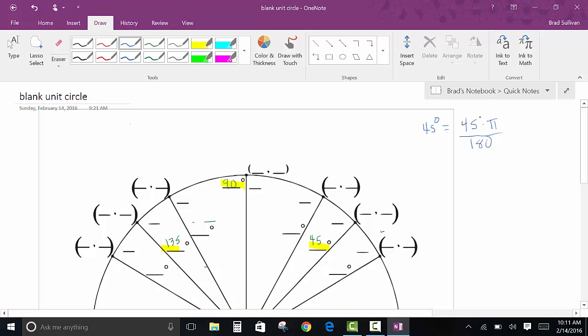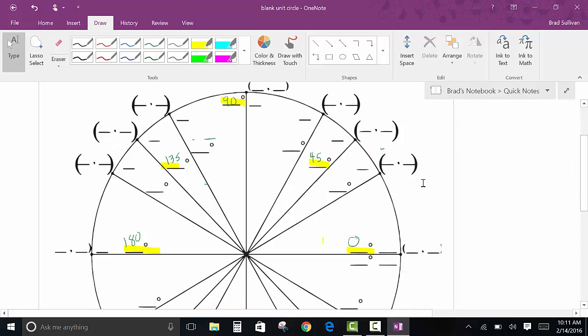And if you do that, 45 divides into itself one time, 180 divided by 45 is 4, so you get pi over 4. So I'm going to count by pi over 4s as I go through this, and then we can reduce the fractions as we go. So watch carefully how this works now. Okay, so I'm going to start here. I know that that's going to be pi over 4 radians.